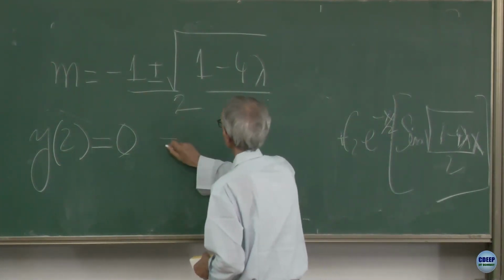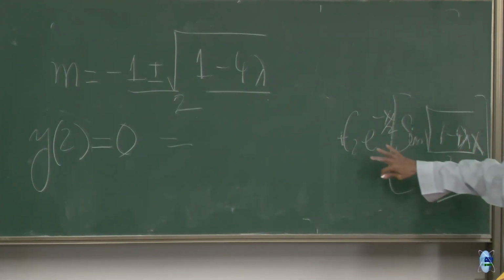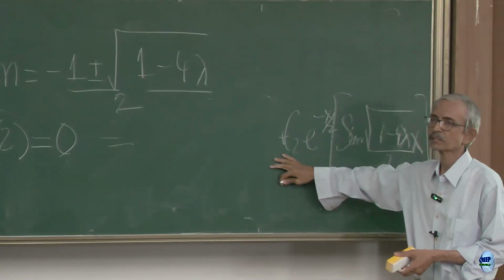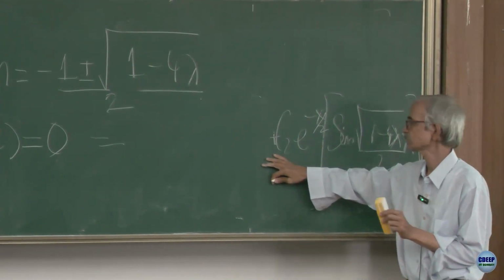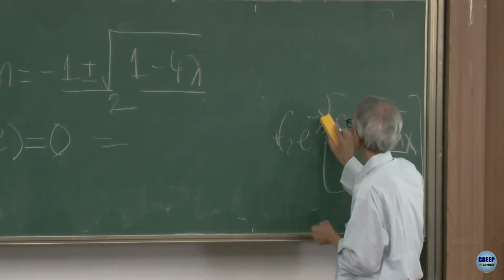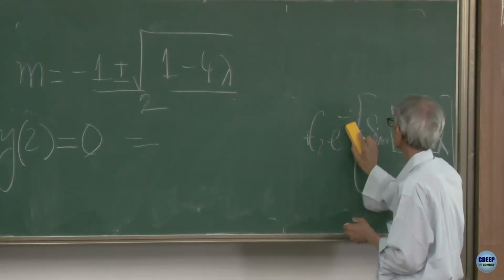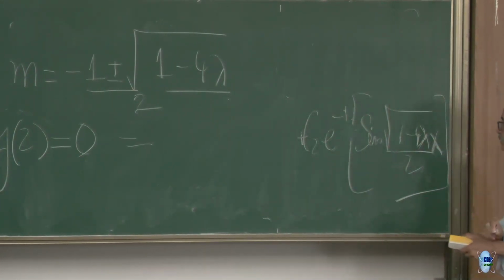So this becomes equal to this here, and if I put C2 equal to 0, what happens? Again, I'll get the trivial solution. Okay, so I don't want to do that. E to the minus x by 2, x is equal to 2, so this is e to the minus 1. E to the minus 1 is not equal to 0.